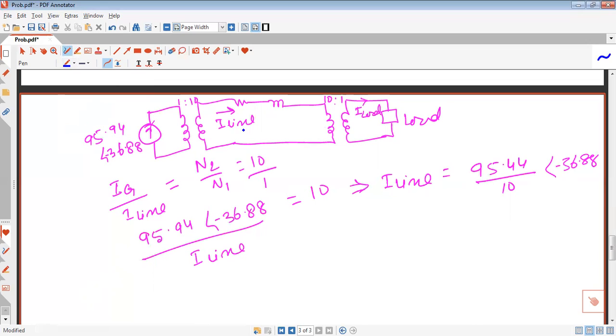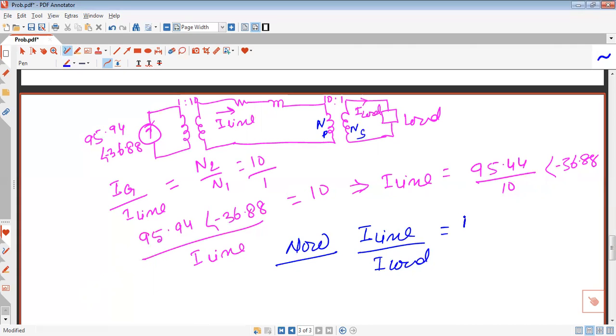This is load side, line current is known. So now I line divided by I load, line by load. Suppose here NP and here NS. So the relation which we know, I1 by I2 equal to N2 by N1.